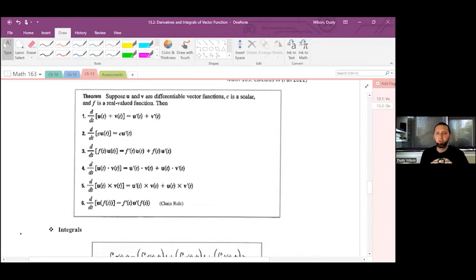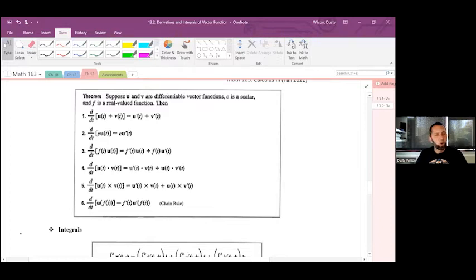We next have a theorem which gives us properties of the derivative process with vector valued functions. And the important thing to note here is that all of these properties behave as you would expect them to. So, theorem. Suppose u and v are differentiable vector functions, c is a scalar, and f is a real valued function.